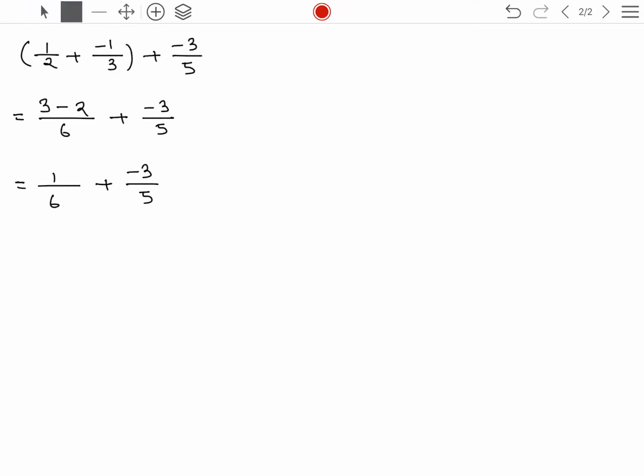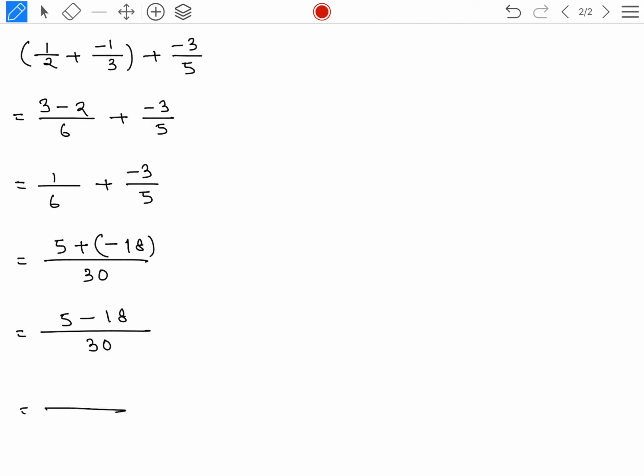Now what is the LCM of 6 and 5? The LCM of 6 and 5 is 30. So it becomes 5, then plus and minus becomes minus. I'll write one step for you: minus 6 3s are 18. So 5 minus 18 by 30. 5 minus 18 means minus 13 by 30.